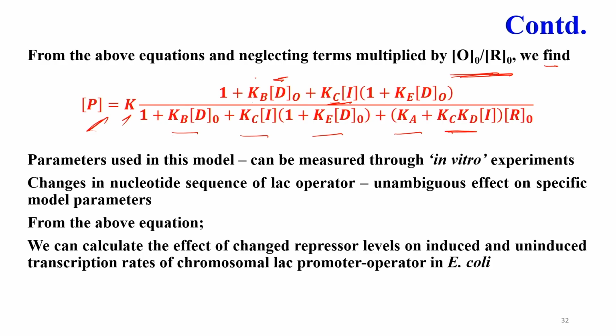So, all 5 are there in the denominator and in the numerator, these are the available ones.